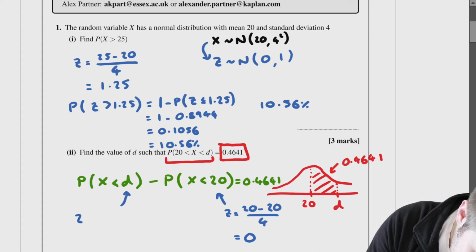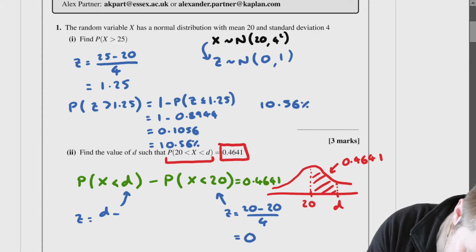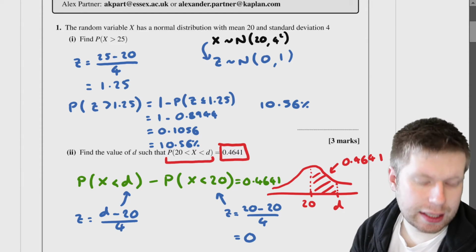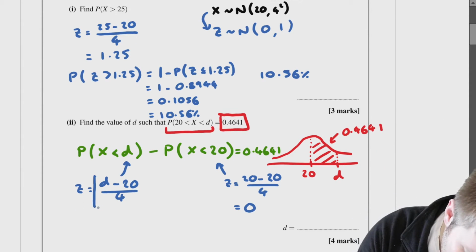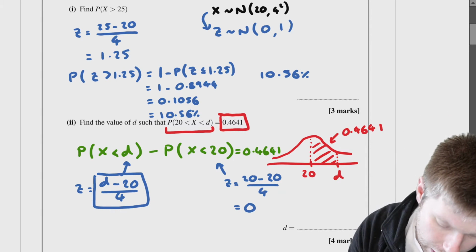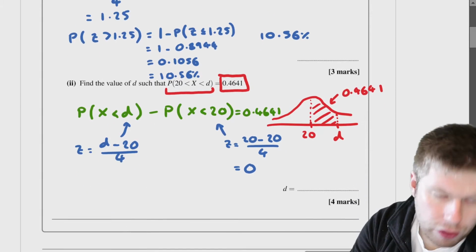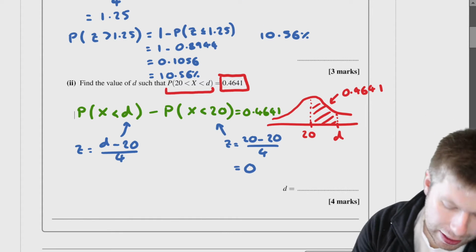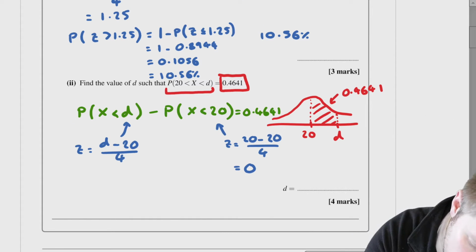So I'm going to say z is equal to d minus 20, all divided by 4. So take away my mean, divide by my standard deviation. And I'm actually just going to work with that expression as it is. There's not much more that I can do with that. So in other words, if I convert this to a standard normal curve, instead of working with x, I'm working with z.